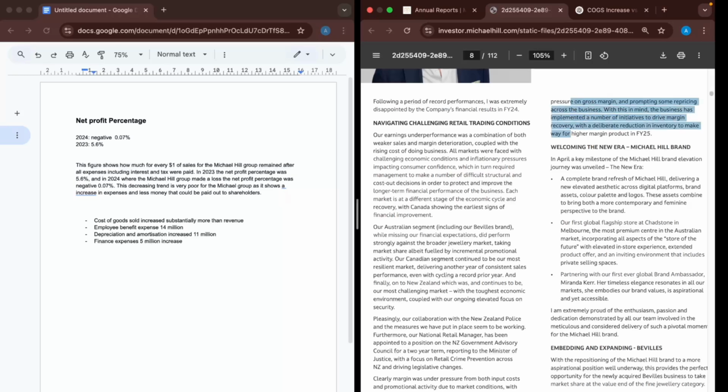So we know now that the CEO said, we'll take a few more notes. CEO has said diamonds and gold increased in cost, increasing COGS, which is short for cost of goods sold, decreasing profit.